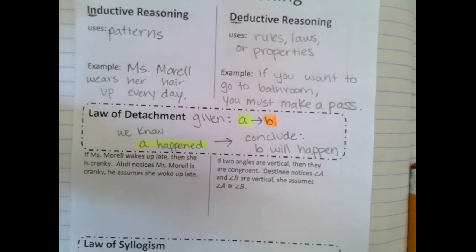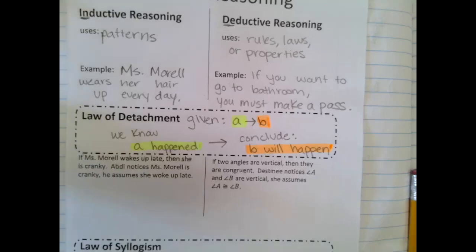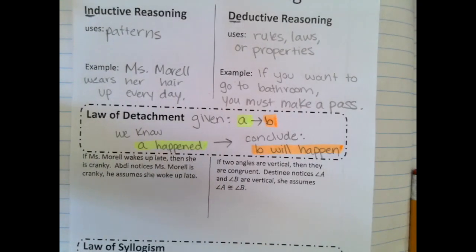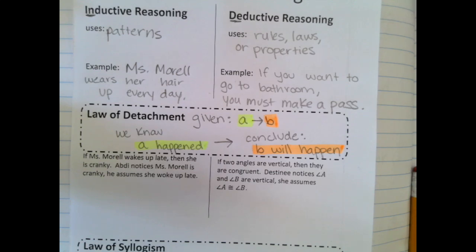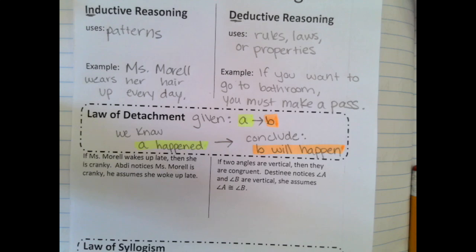We can conclude B will happen. Okay, so this is kind of like a before and after. If we know the before happens, we can assume that the after is going to happen.